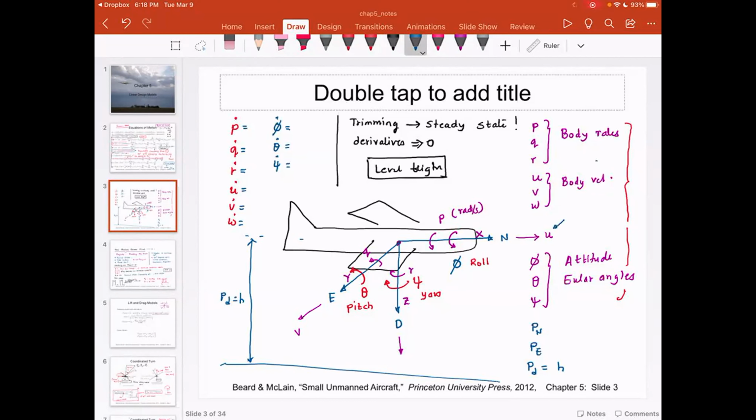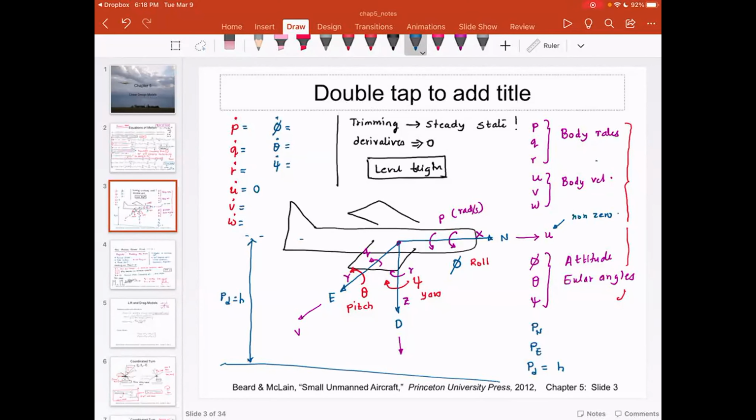So this could be non-zero. Then I would assume that V, and so U is non-zero, but U dot, the rate of change, has to be 0. So I would state that my U dot is going to be 0.